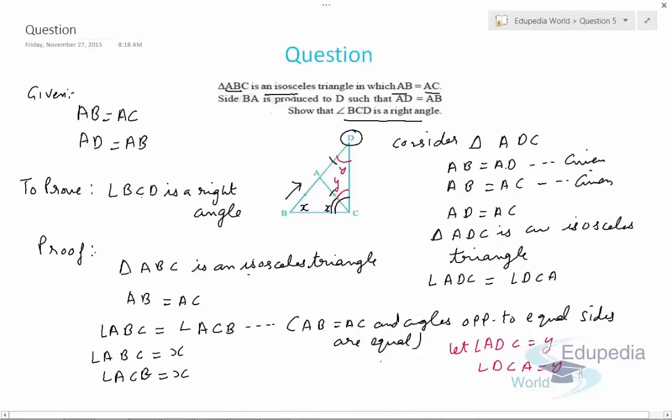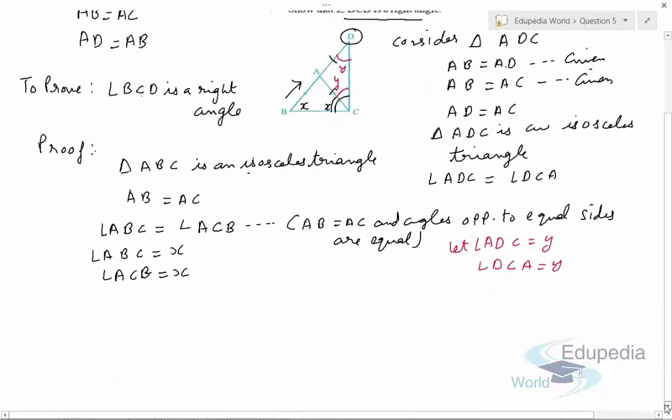Now let's see how we can discuss the further proof. Since the sum of angles of all triangles is 180 degrees, the angle sum property is always 180 degrees.